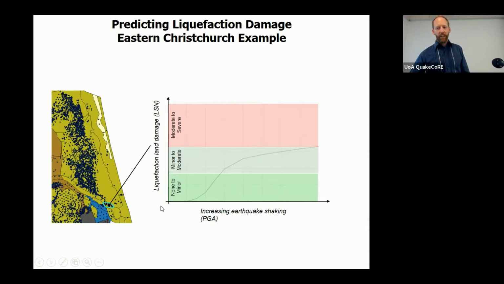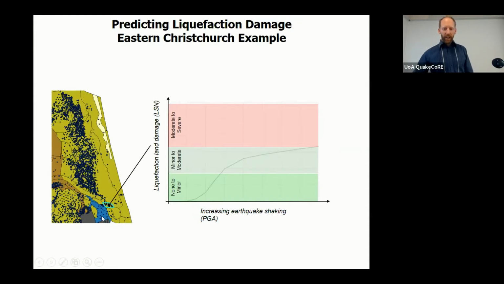We see that liquefaction is somewhat of a binary. At lower shaking intensities, nothing is predicted. Then we come to a certain threshold, and then liquefaction starts to kick in. More and more soil layers liquefy, and the damage potential gets bigger at greater shaking intensities, and then things plateau out. And so that's for one particular CPT.